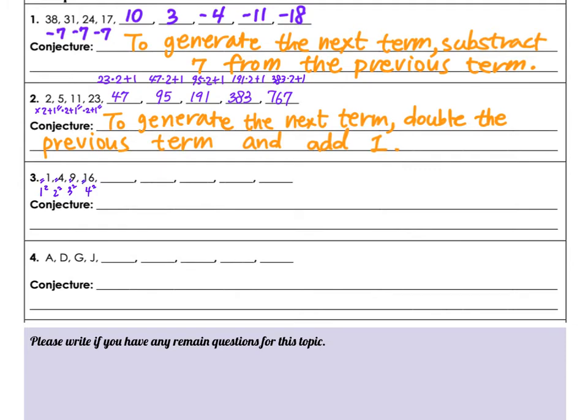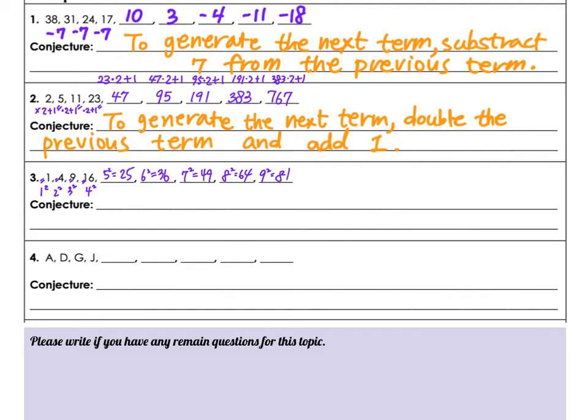So the next one should be, that's right, 5 squared, which is 25. And 6 squared is 36. And 7 squared is 49. 8 squared, 64. 9 squared, 81.